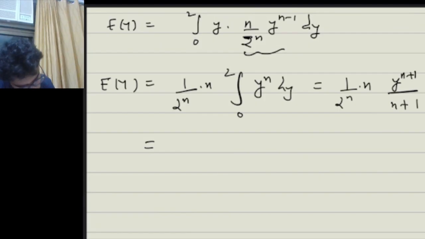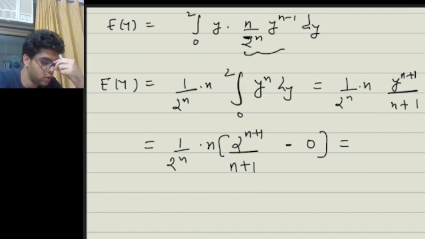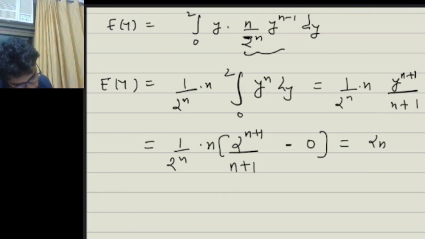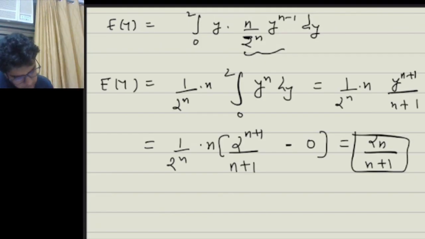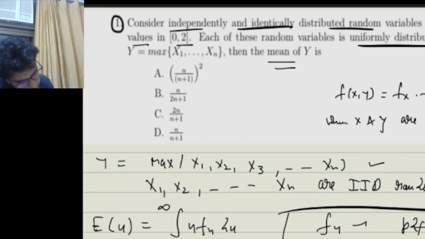This gives me 2 to the power n plus 1 divided by n plus 1 minus 0, right? So now 2 to the power n plus 1 and 2 to the power n get cancelled. This gives me 2, so this comes out to be 2n upon n plus 1, right? Let me just check if we can match our answer. So 2n upon n plus 1.